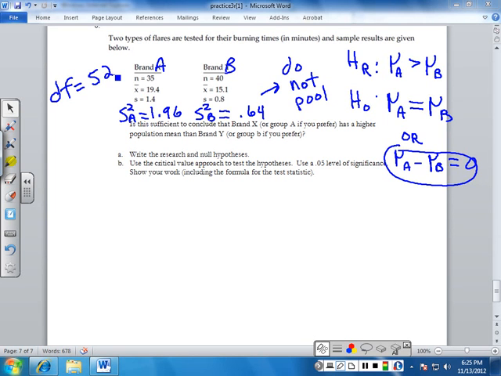So we're going to reject H0 if t-test is greater than, and now we'll go to our t-table and go to 52 degrees of freedom, .05, and a one-tailed test. And I've got 1.675.